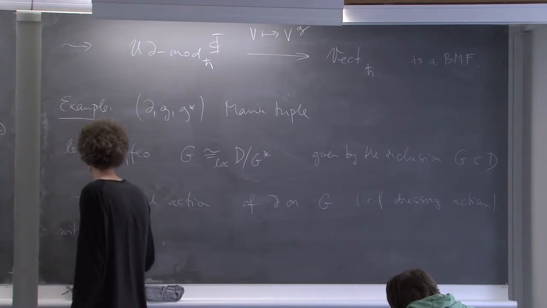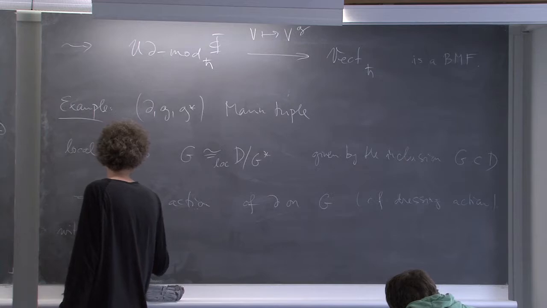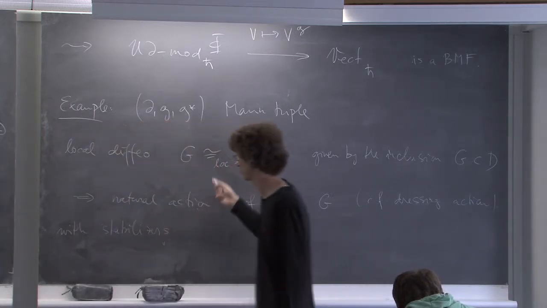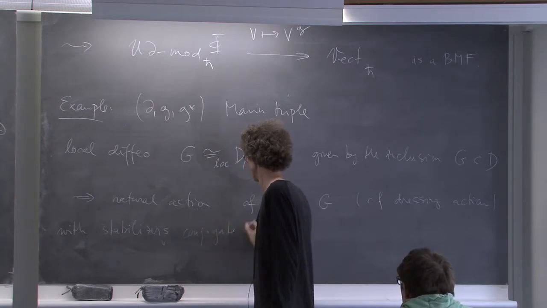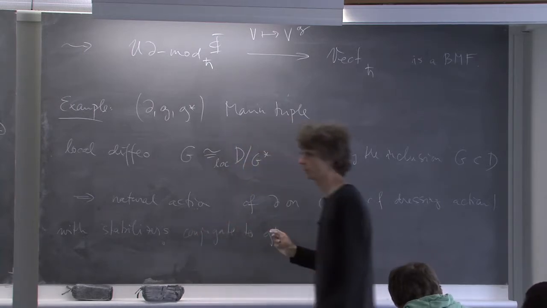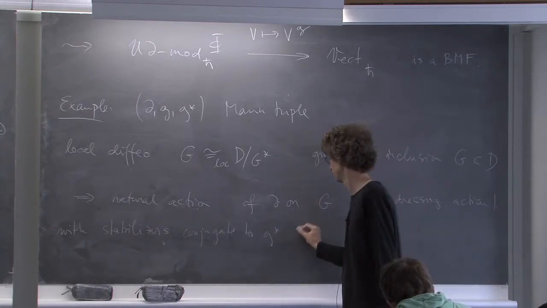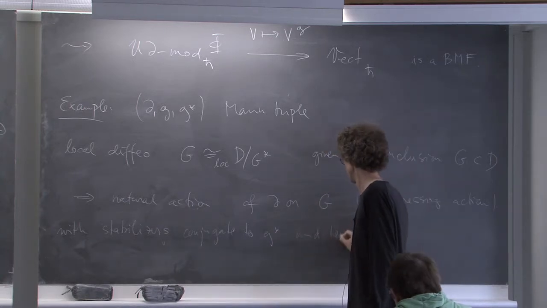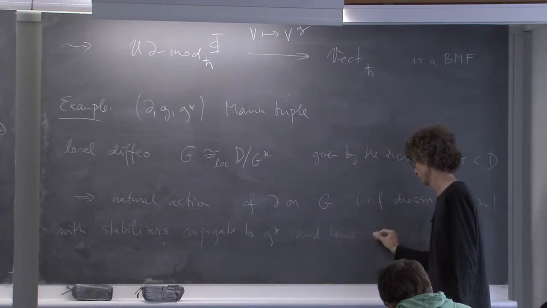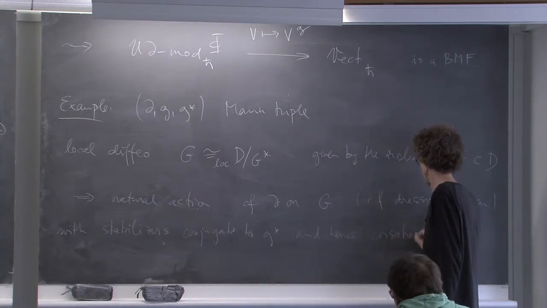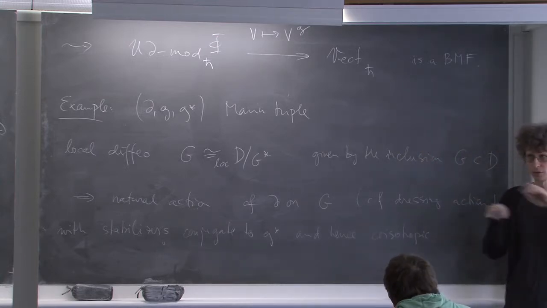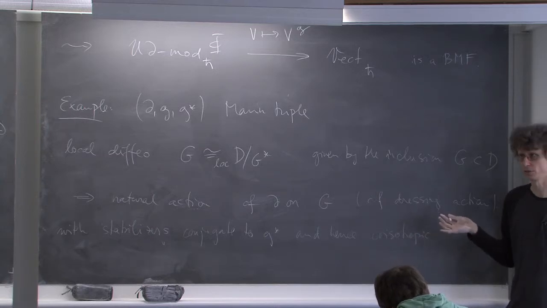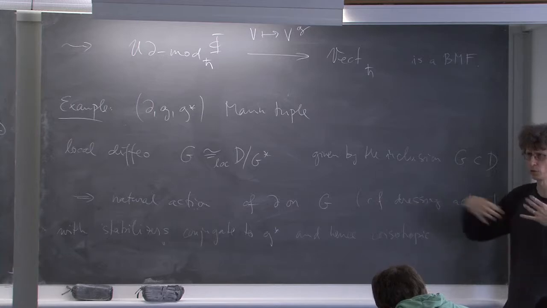And the stabilizers are always just conjugate to G*, and therefore they are certainly coisotropic. Okay, cool. So on the group G, there is a natural action of the Lie algebra D. As I said, it doesn't necessarily integrate to an action of the group itself.